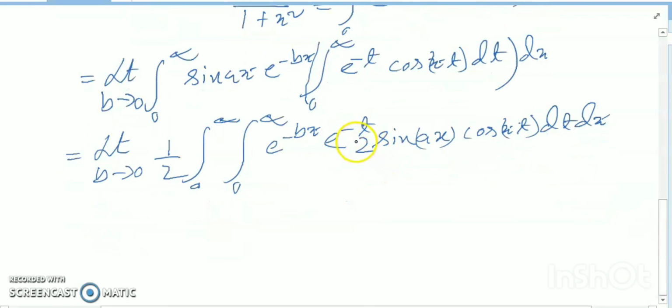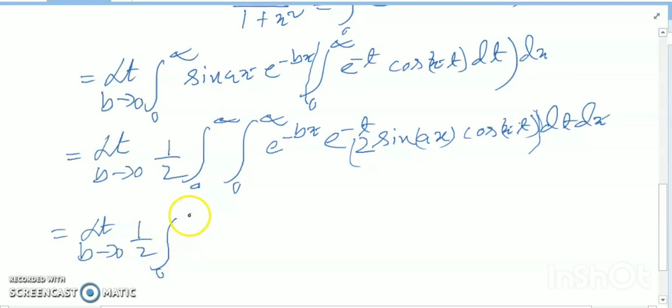Just multiply both sides again. So limit b tends to 0 of half, I apply the formula 2 sine a cos b.